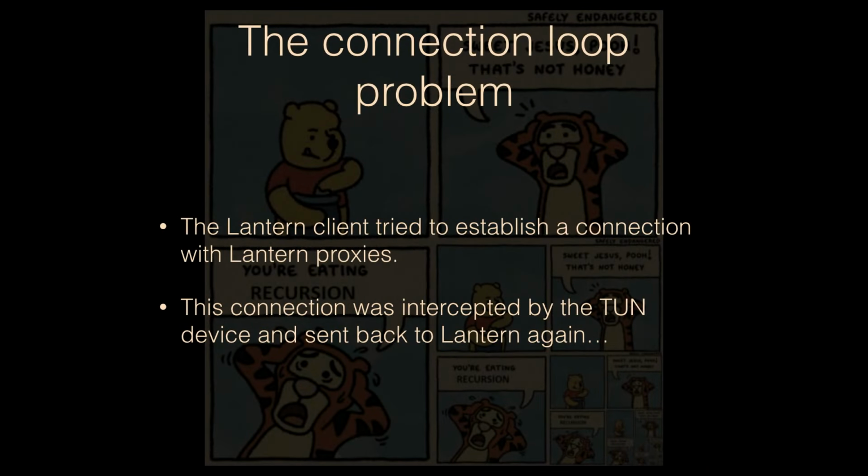Okay, so we injected tun2socks in our project. We started using tun2socks, but then we had another problem. This is the connection loop problem, because when tun2socks SOCKSified the connection, the connection was going back to the TUN device, and the TUN device captured the packet and forwarded it to Lantern again.